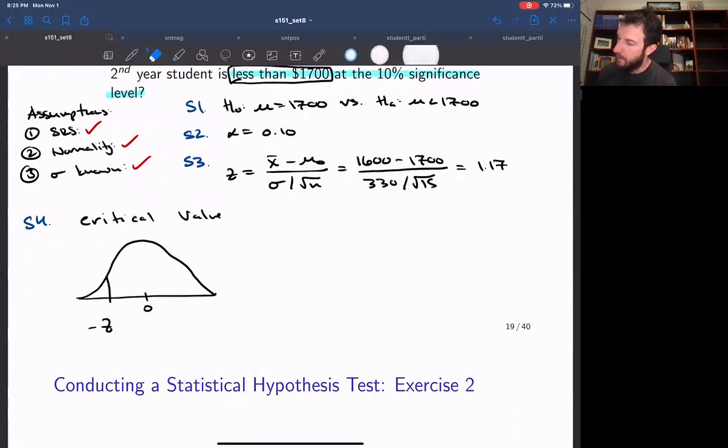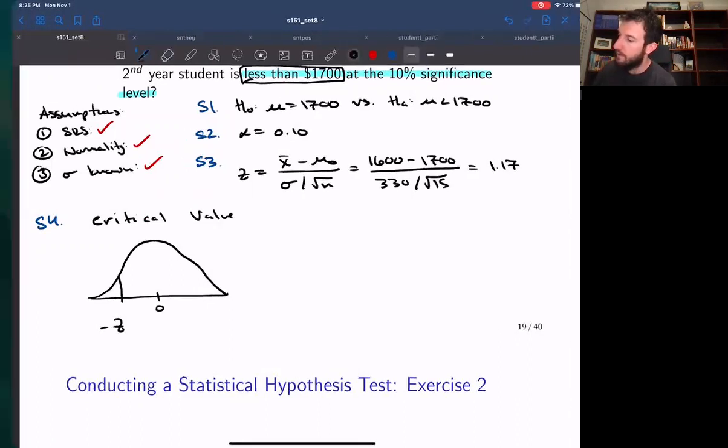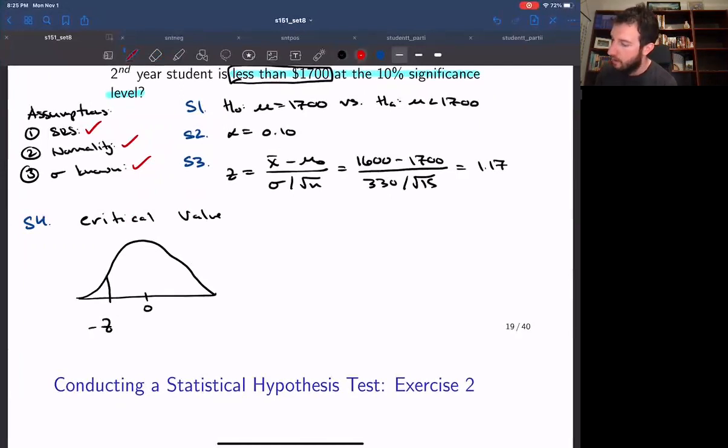Because it's a lower tail test, it's a one-tailed test, so all of the information is in one tail. This area here is size alpha, which is 0.1. So this is negative Z 0.1.